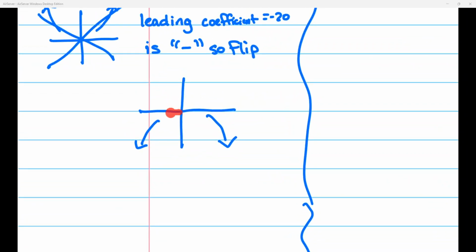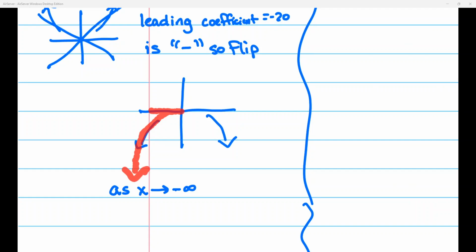What happens when you go to the left on your graph? As x's are going to the left, so I'm going to write as x approaches negative infinity. This is a fancy way of saying as my x's are going to the left, what's happening to your graph? Well, it looks like your graph is going down, right?